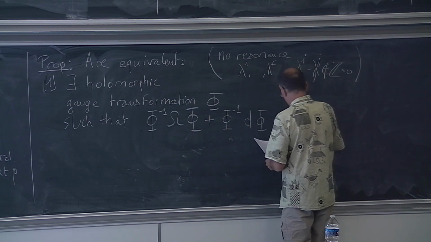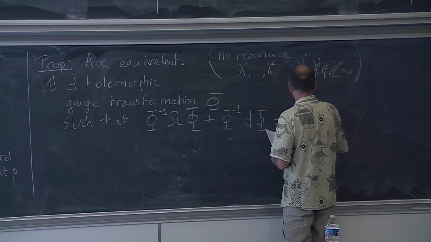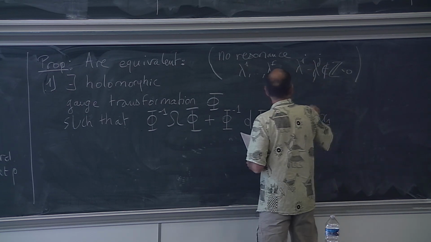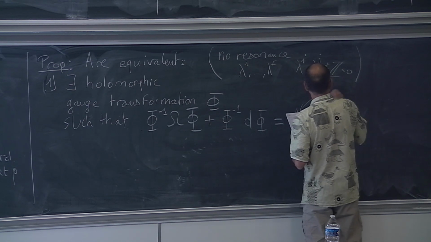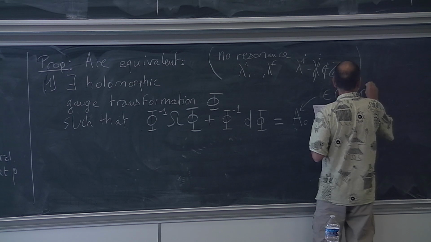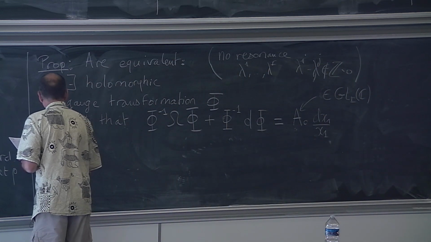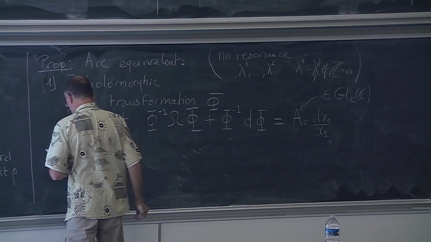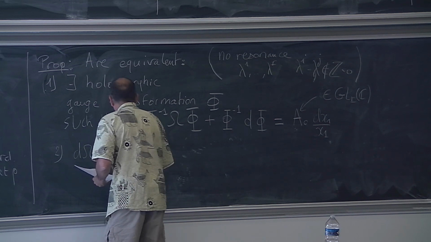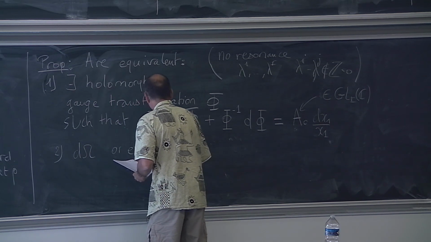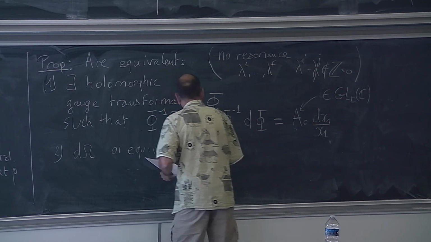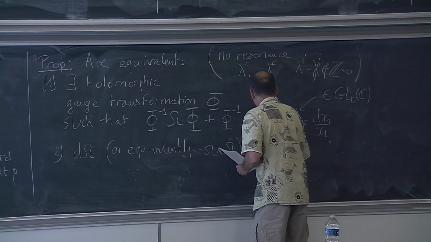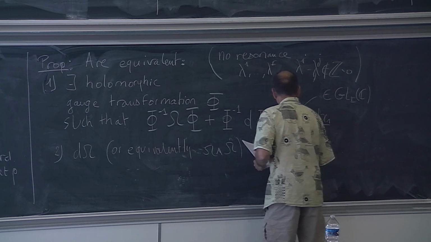So the first property is that this is equivalent to some constant matrix times dx1 over x1, with a constant matrix in GL_r of C, and 2, d omega, or equivalently, because of flatness, omega wedge omega has also simple poles.